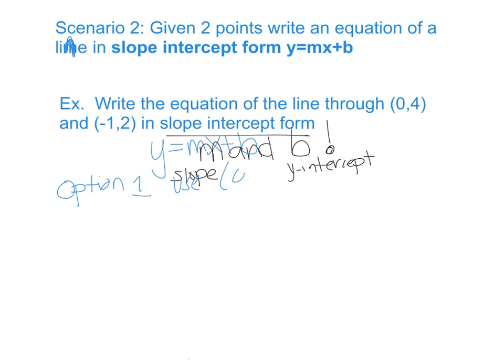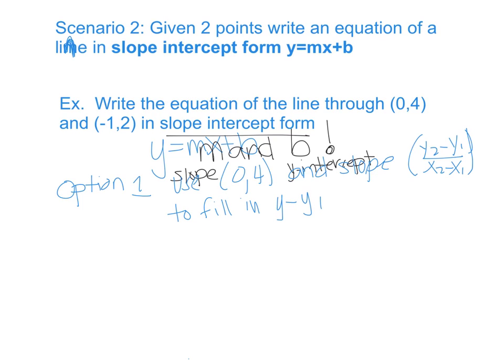Use 0, 4, any point you want. I picked 0, 4, and slope, which we can calculate as y2 minus y1 all over x2 minus x1 to fill in point-slope form.